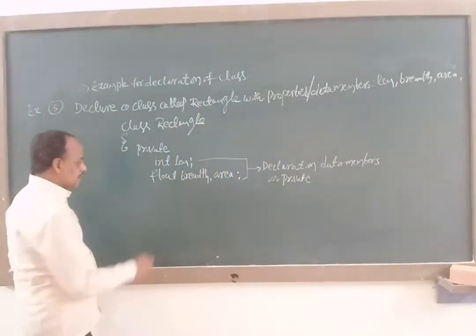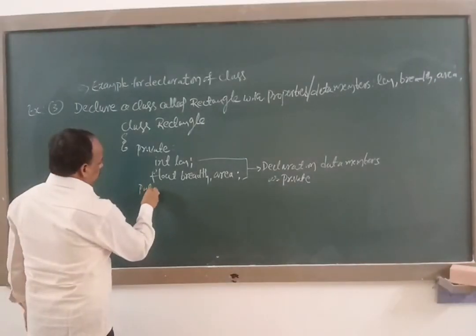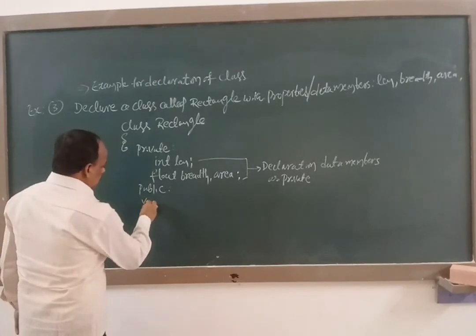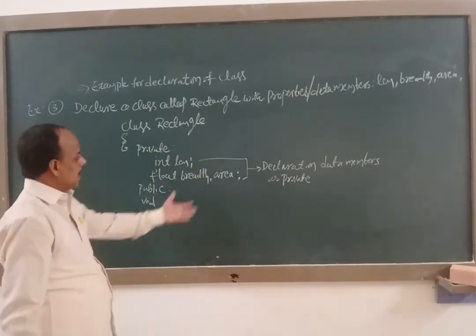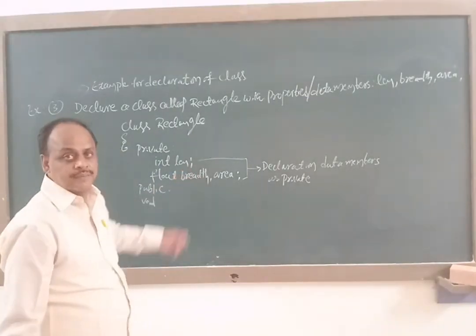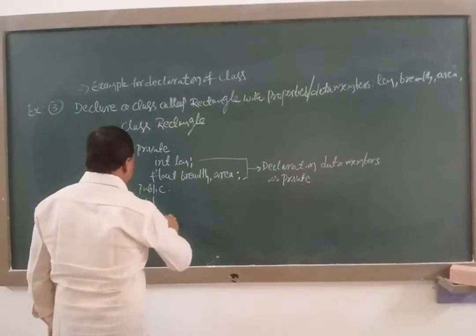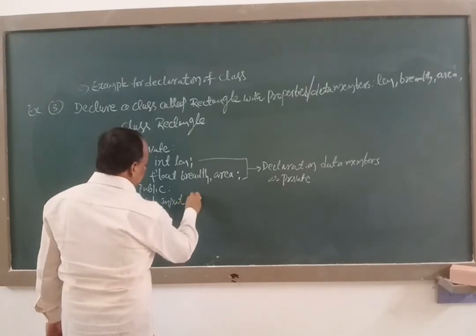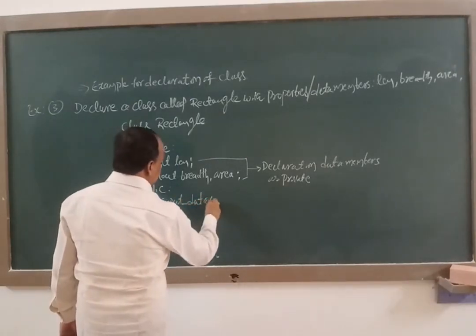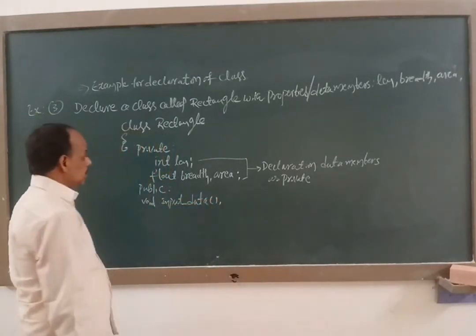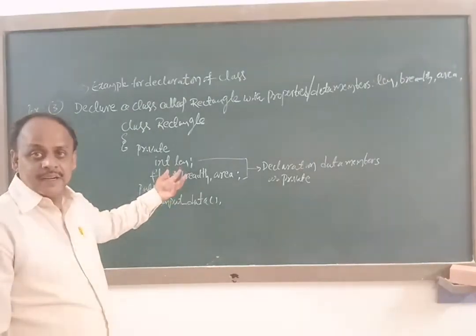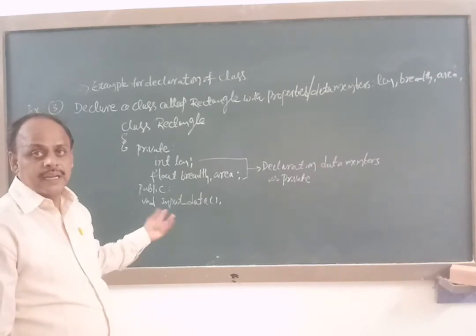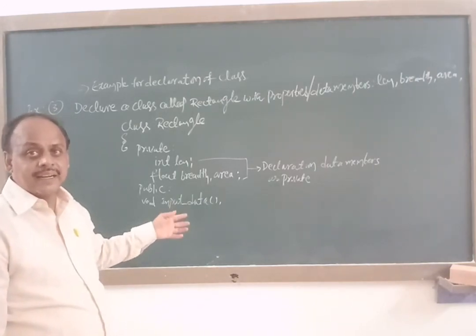Next, member functions. Write down public void. First we have to accept length and breadth, so take void input data function. Afterwards we have to find area. Area equal to length into breadth, means we have to calculate it, right?